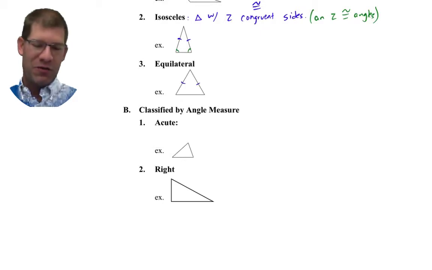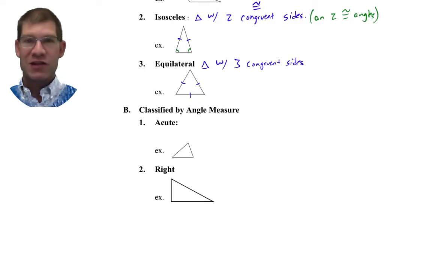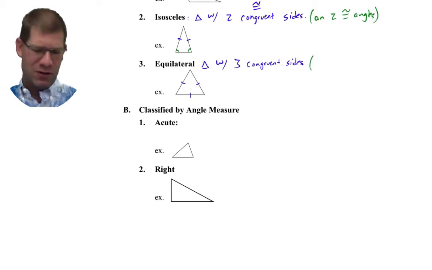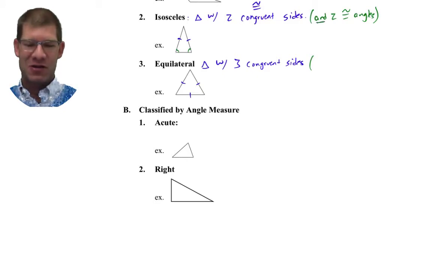Here, all three of my sides are the same length, so I could put the hash mark on all three sides. Equilateral is a triangle with three congruent sides, and just like the sides, the angles will also be congruent. Notice up here, my "and" should have been "and two congruent angles," so you could say "and 3."